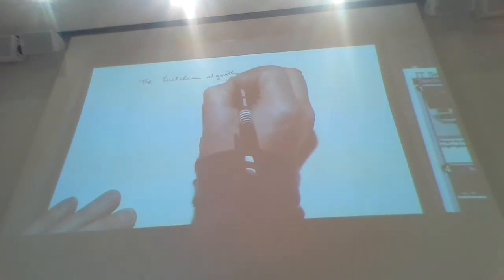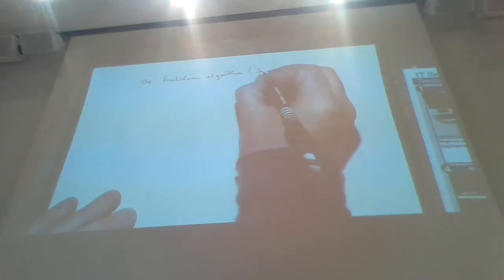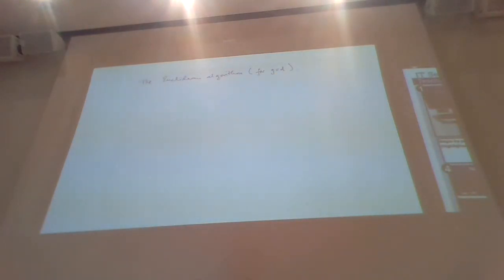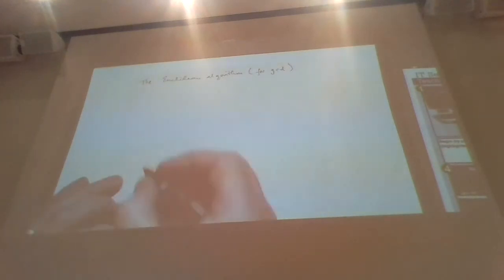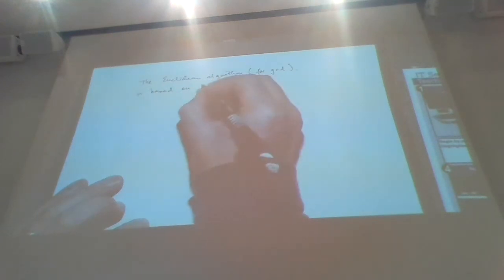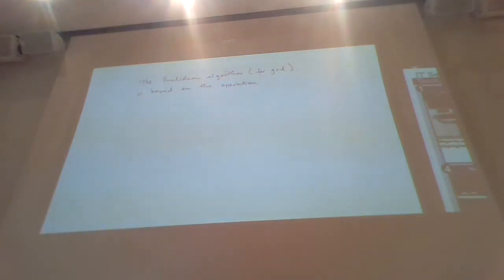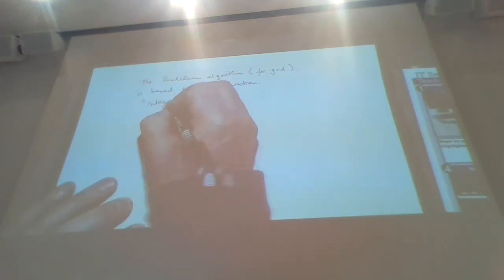So the Euclidean algorithm, which is for finding the greatest common divisor of a pair of integers, is based on the operation defined in theorem 2.2, called integer division with remainder.